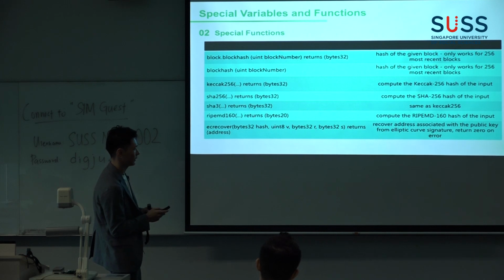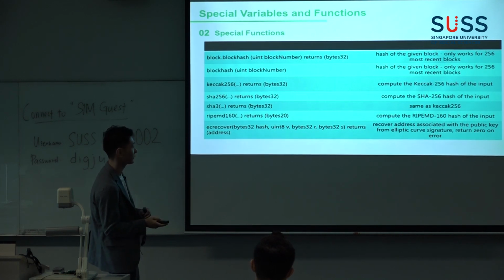It will verify the authenticity of the signature. However, it will return 0 on error. Successful execution of this function will return the address that's associated with the public key.